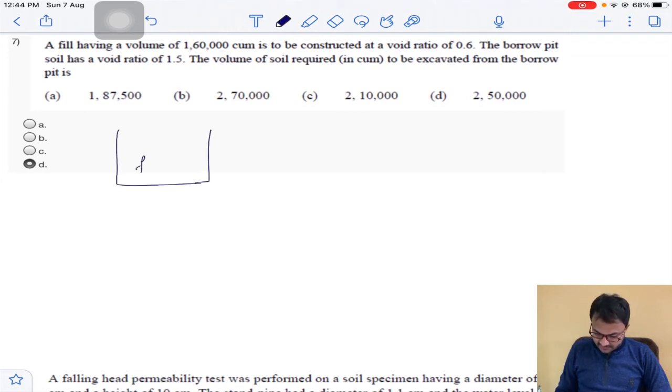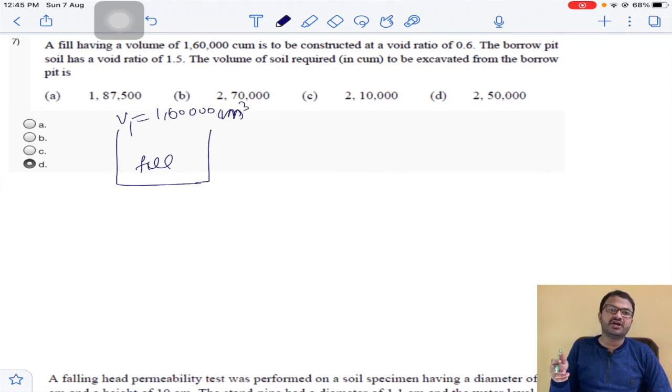A pill, this is a pill I am taking, having volume V1 equal to 1,60,000 cubic meter. CUM means cubic meter. It is to be constructed at a void ratio, so the void ratio here is e equal to 0.6.